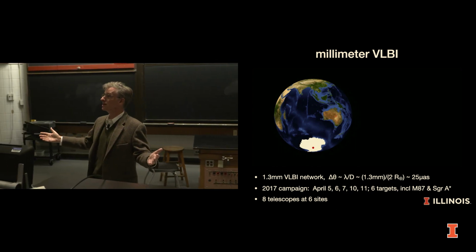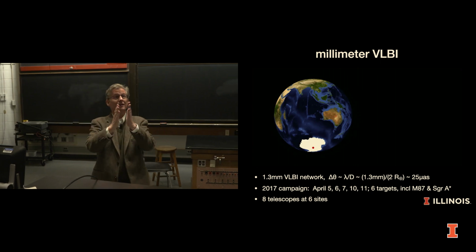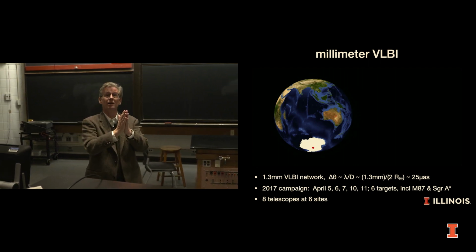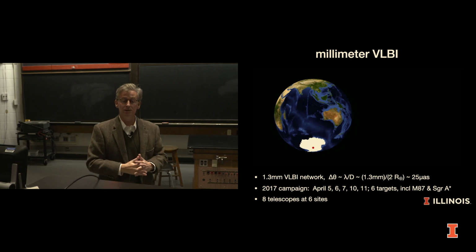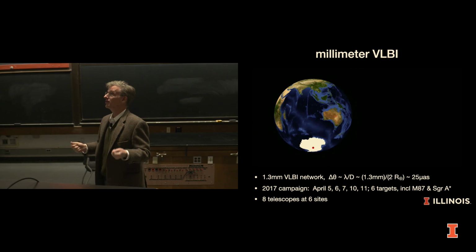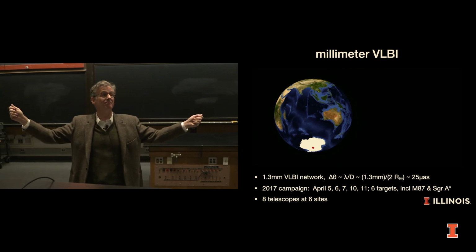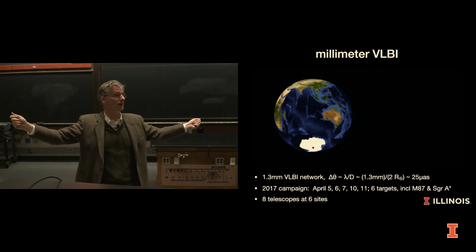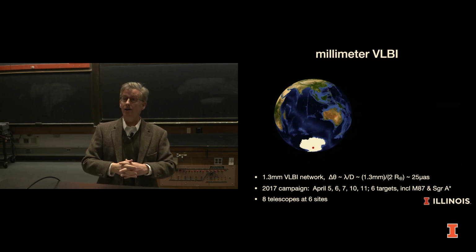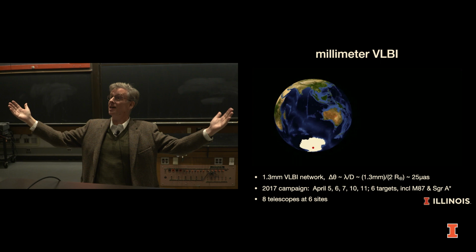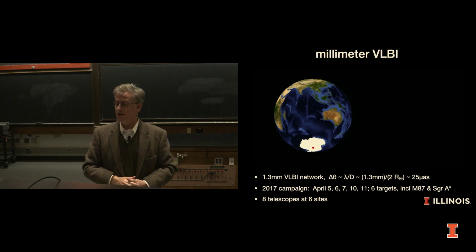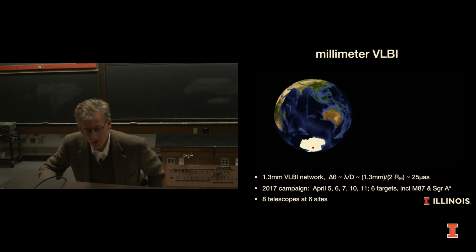You get a bigger diameter, and so then the angle that you can resolve is smaller and smaller, the bigger and bigger the instrument. Here, when we combine signals from different antennas that are spaced as much as 2 Earth radii apart, so on opposite sides of the Earth, the effective size of our telescope is the size of the Earth, and the wavelength is 1.3 millimeters. So let's see, is there a pointer here?